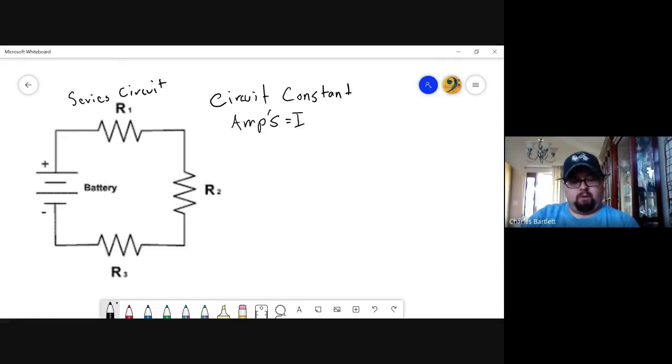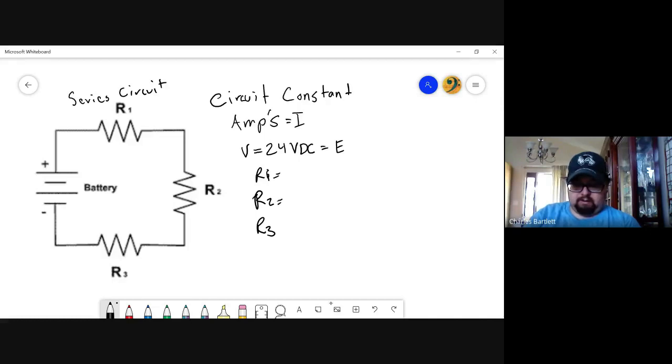So how would we work a circuit like this if we give ourselves some values? Let's give ourselves a voltage of 24, a good battery voltage, DC. And that's, of course, going to equal E. And we give ourselves a resistance for R1, R2, and R3.